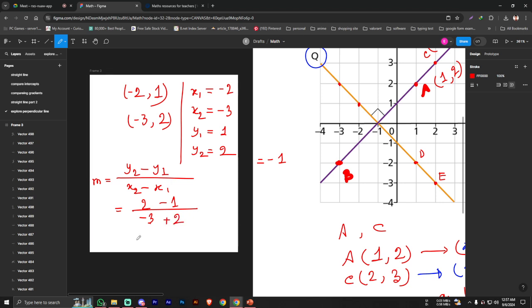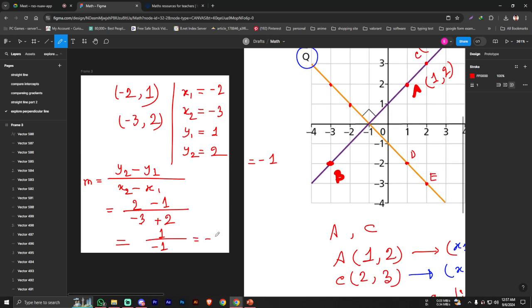Same thing, right? So it's 1 on top, and 1 minus 1. Oh, okay, minus 1 is the answer, right?